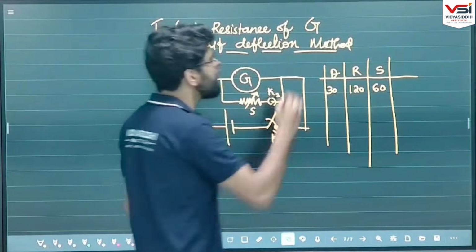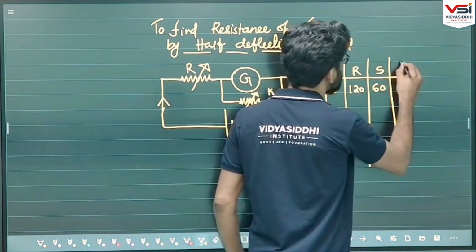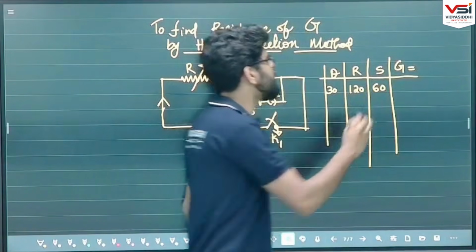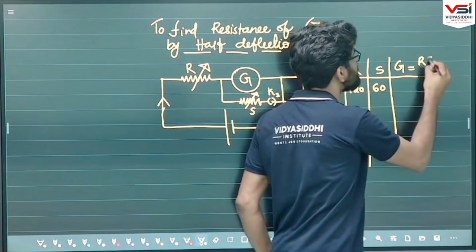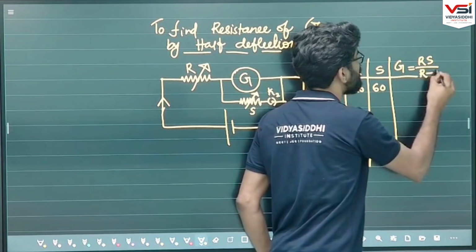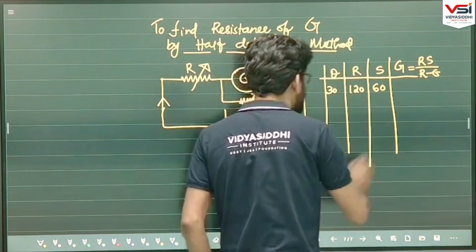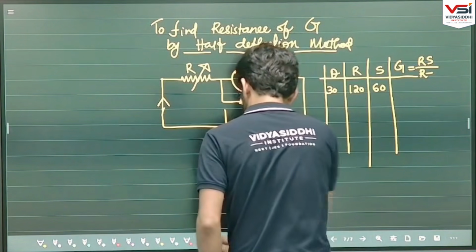So from this experiment we can easily conclude that the galvanometer resistance G is equal to RS divided by R minus S.